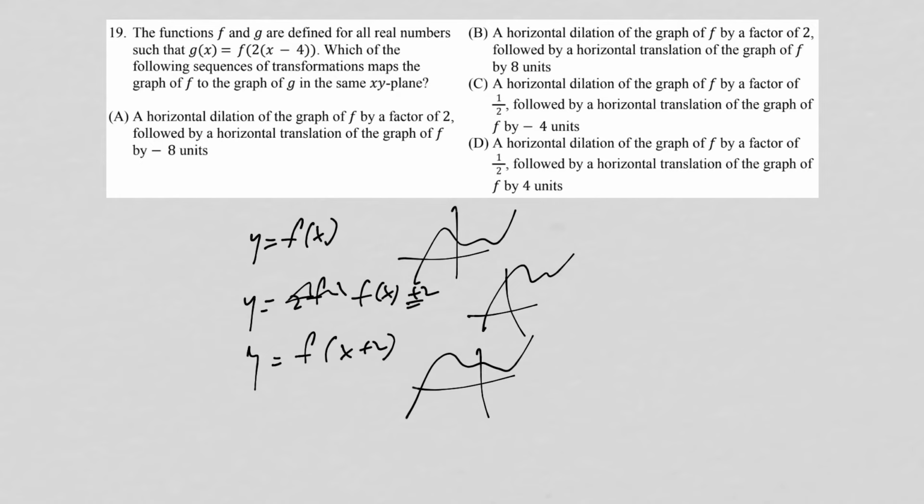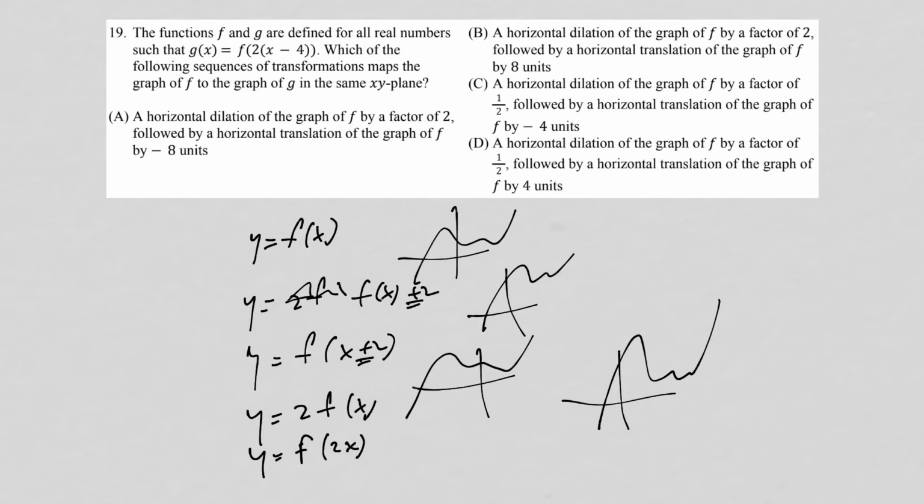And if this was minus, it would go down. And if this was minus, it would go right. Then if I have 2f of x, that, like in the last question, does a dilation, stretches it upward. And if you have in the parentheses a 2x, that actually compresses it, a horizontal compression. And then you could combine them.